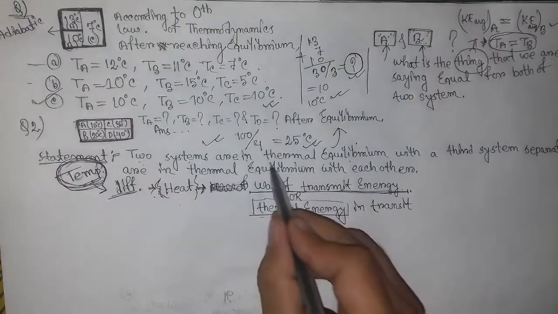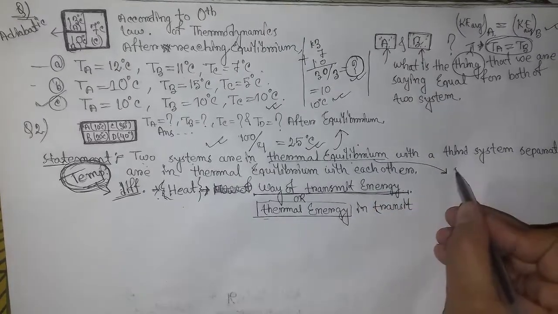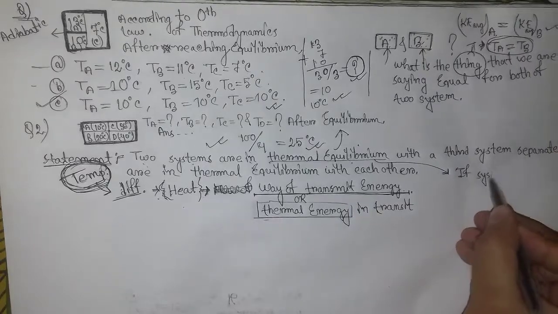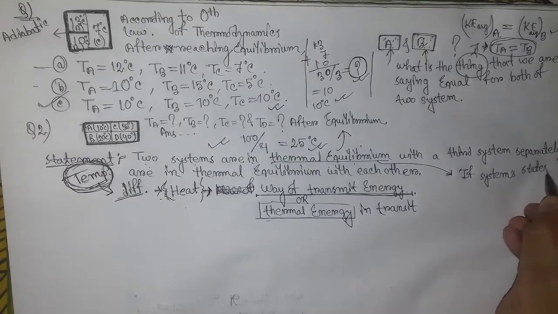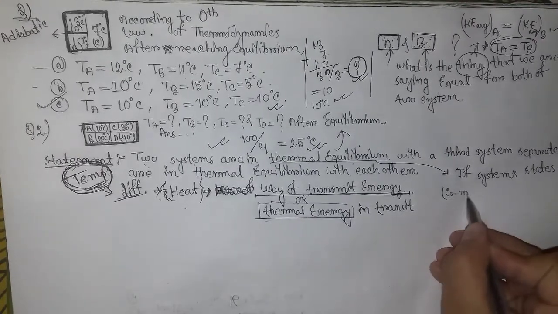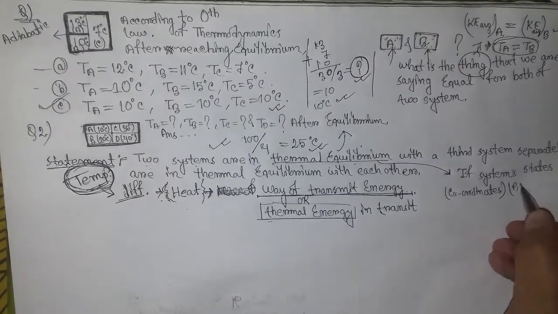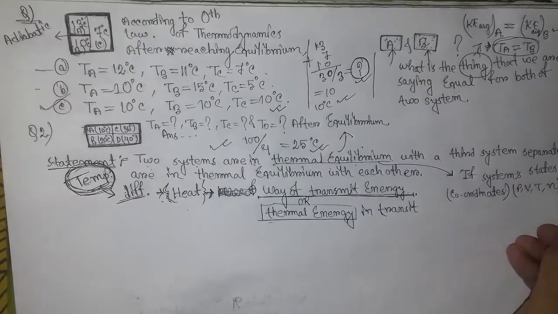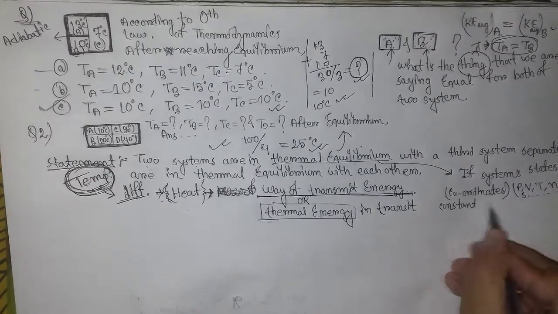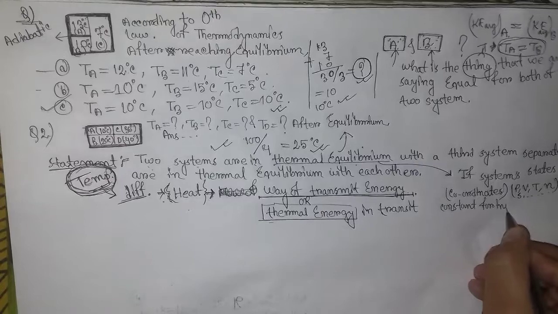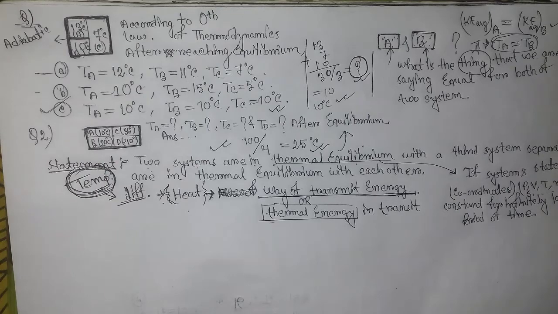Another important thing is thermal equilibrium. Thermal equilibrium means that if a system's states or coordinates, that are pressure, volume, temperature, and number of moles, remain constant for an infinitely long period of time, that's the meaning of thermal equilibrium.